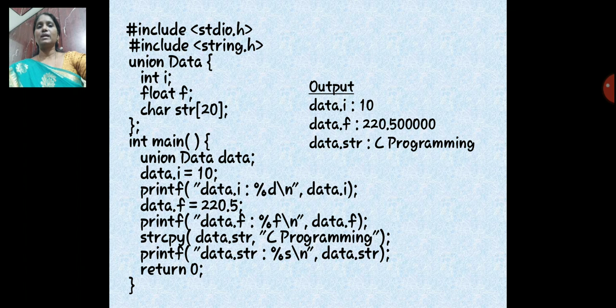So data dot i is given the value 10, and we are printing the data. data dot f, which is the float variable, is assigned 20.5, and for the character array str, we give the value C programming. Okay, that is how it gets the data, and we are printing everything, and the output will be like this. Okay, so that is all about structures and unions.